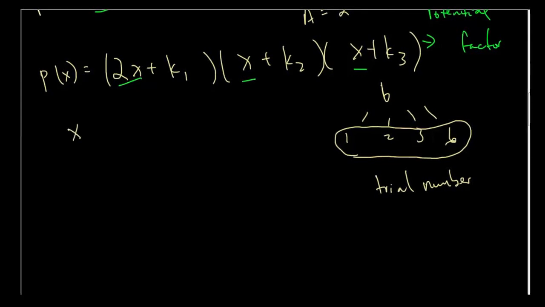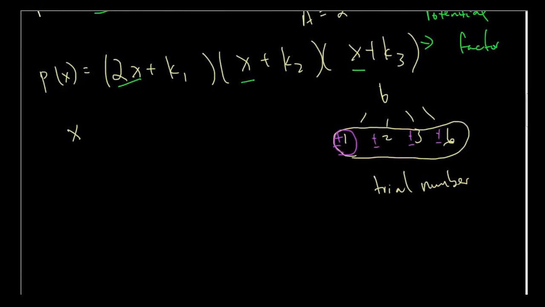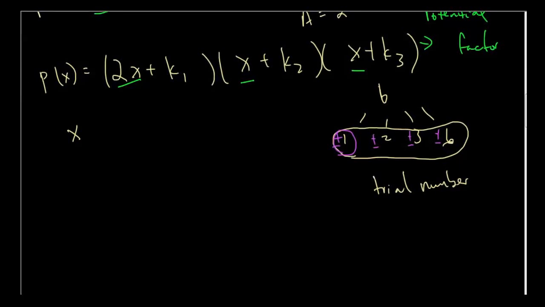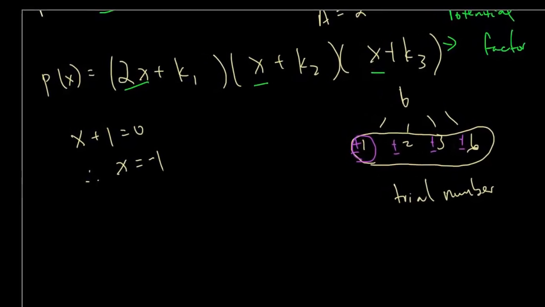So if I'm testing, for example, 1, remember it's plus and minus 1, plus and minus 2, plus and minus 3, plus and minus 4. If I put in x equals positive 1, it does not give 0, so my testing parameter will be x equals negative 1.